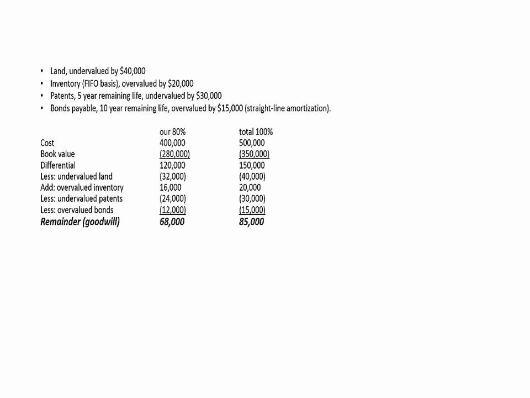So we need to record $85,000 of goodwill. Now if you sum up those 6 accounts, they total up to $500,000. That's our beginning of year book value and unamortized differential, and that's going to be split 80-20 between the investment and the non-controlling interest.